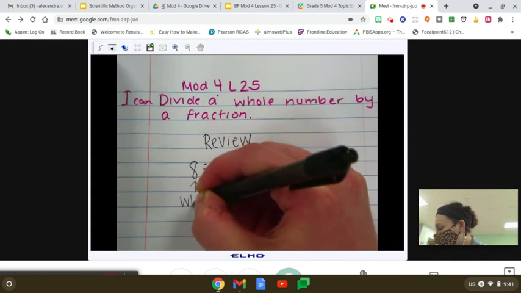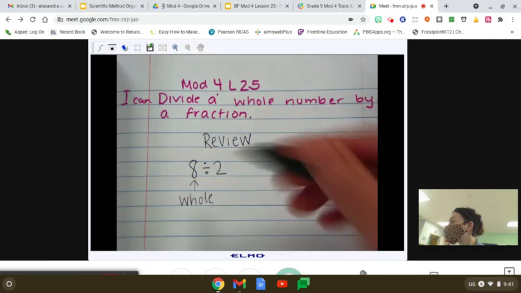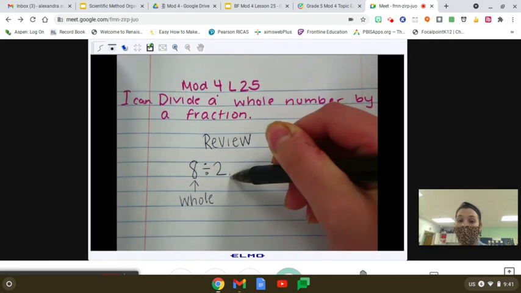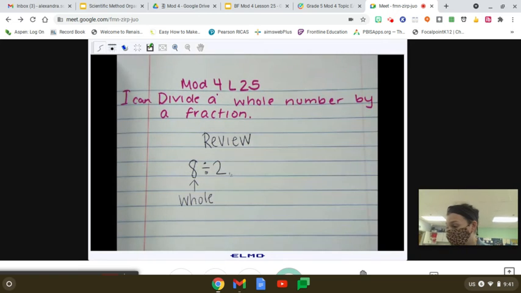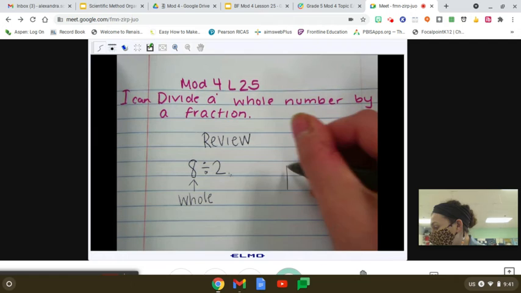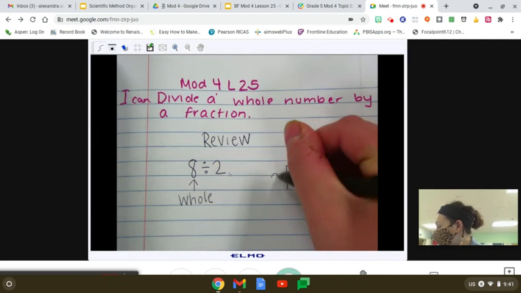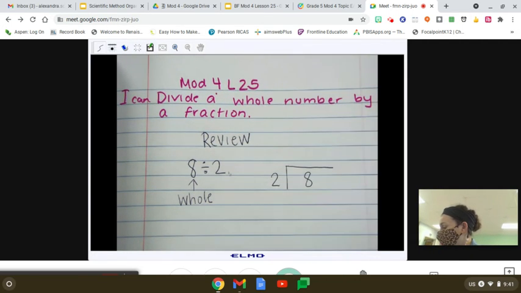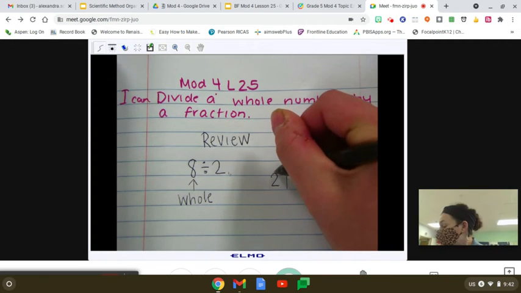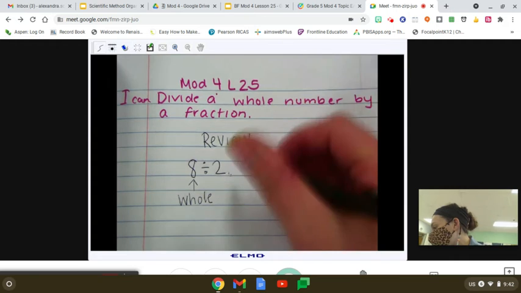We have 8 things, and we are seeing how many copies of 2 fit in 8. Even if we were to write it a different way, we're seeing how many times 2 fits into 8.